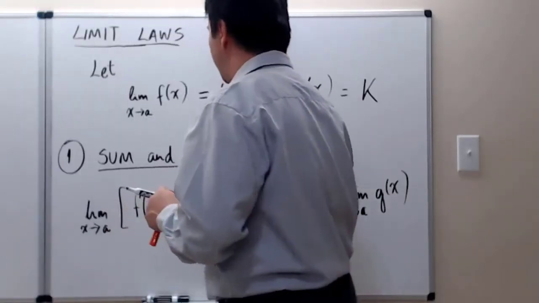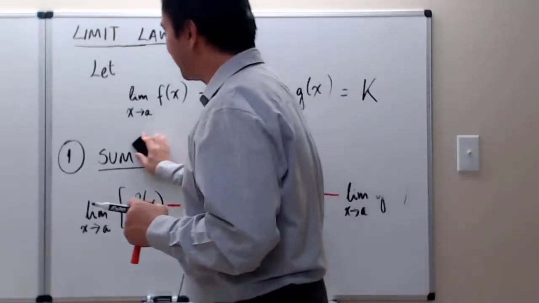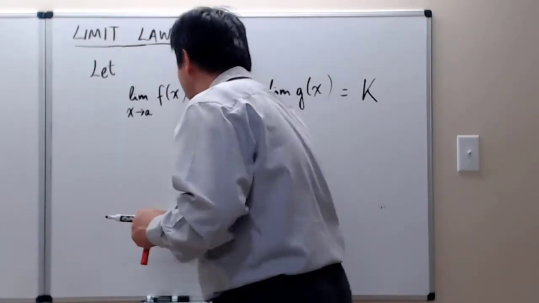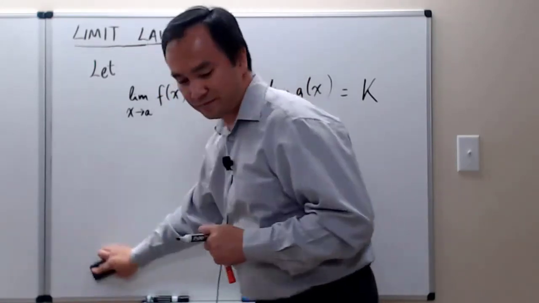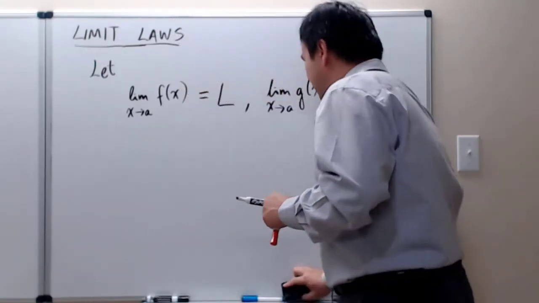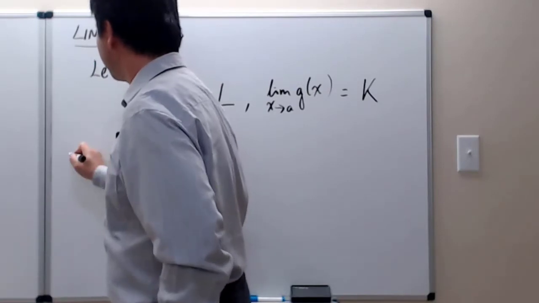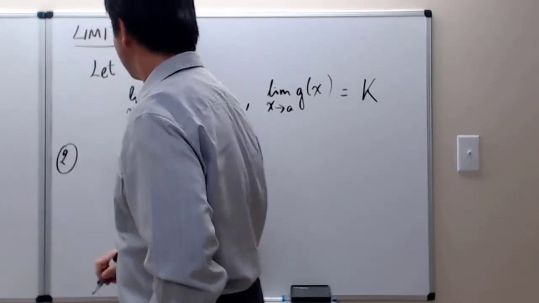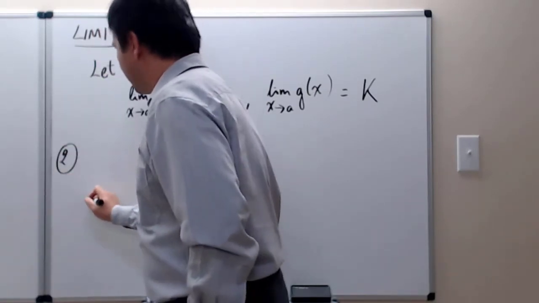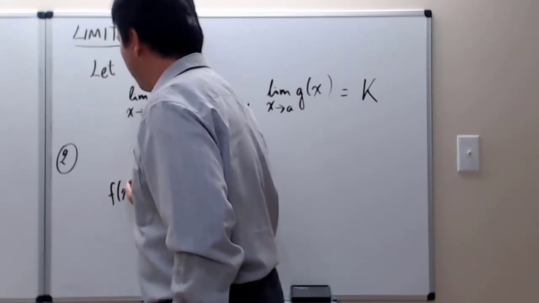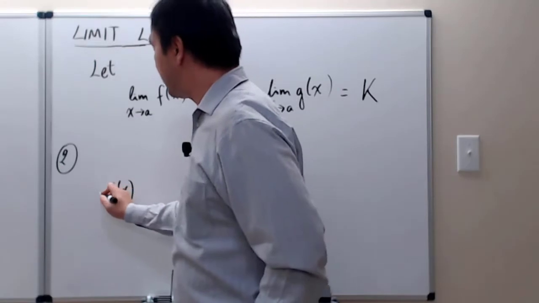Now back to my board here. Let's get ready for law number 2. Law number 2 is about a lot of times you have a function and the function appears to have a constant multiple.